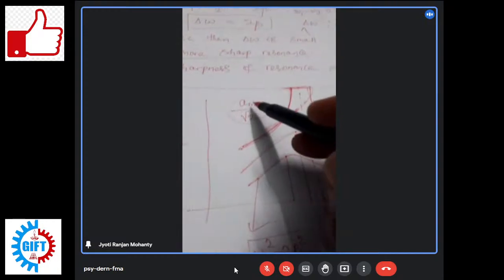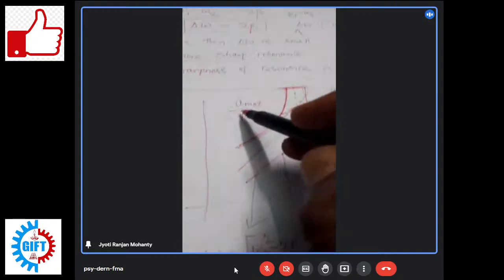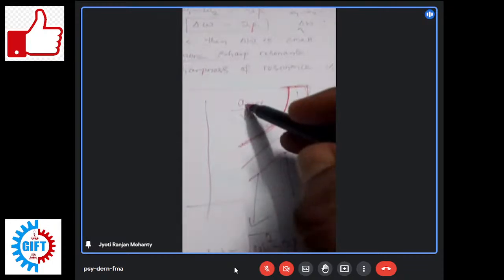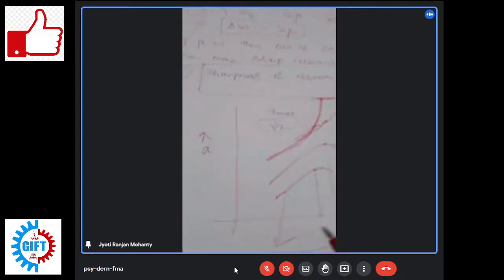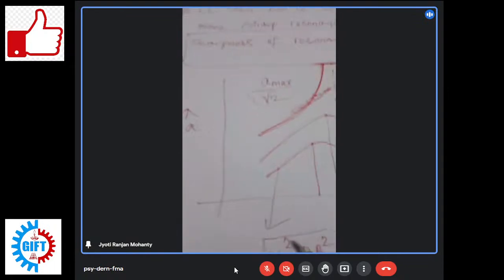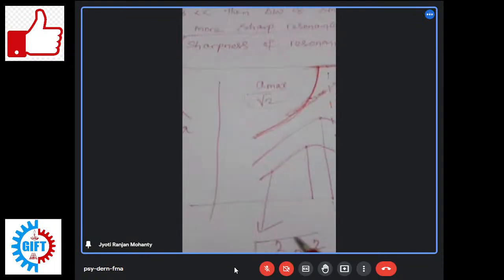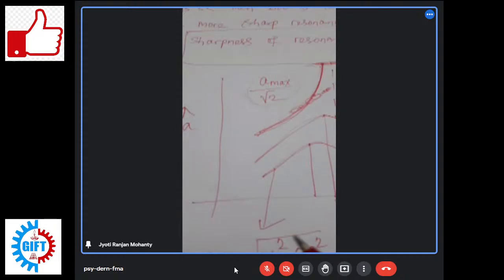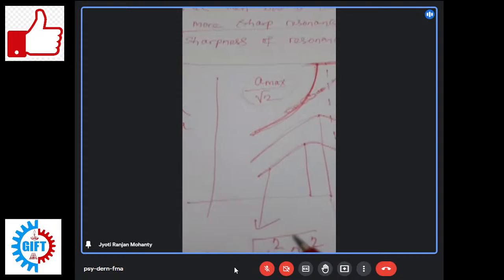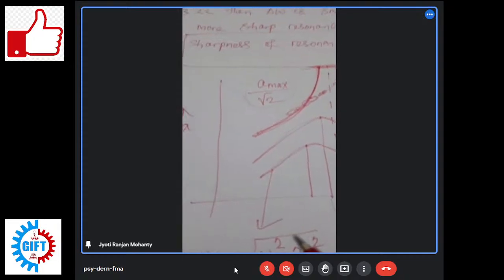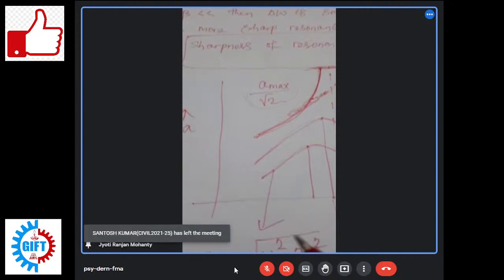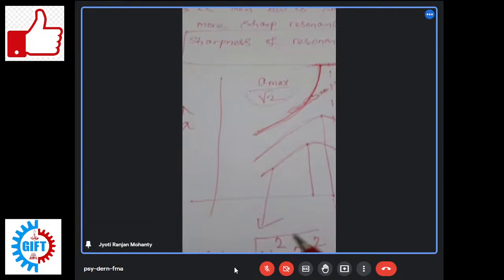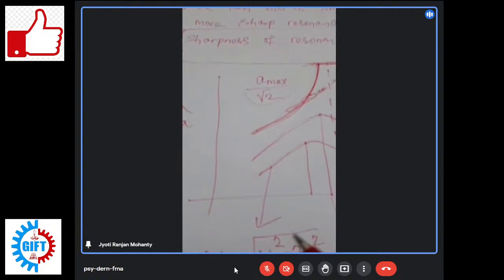You remember the amplitude decreases to 1 by root 2 times its maximum value. You write: the amplitude falls to 1 by root 2 of its maximum value.